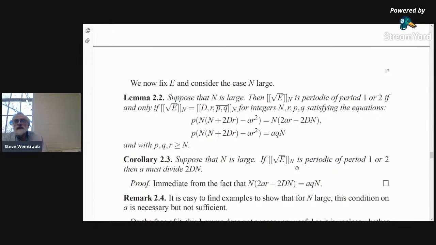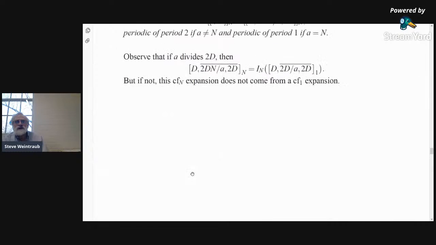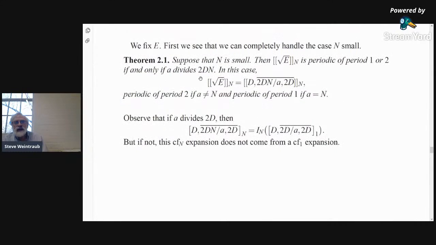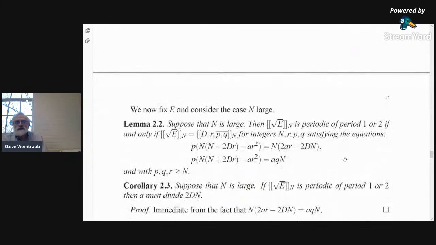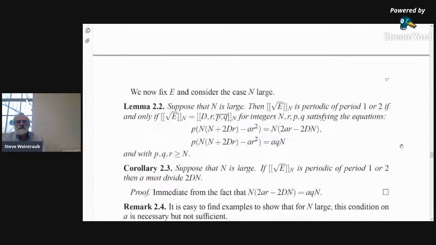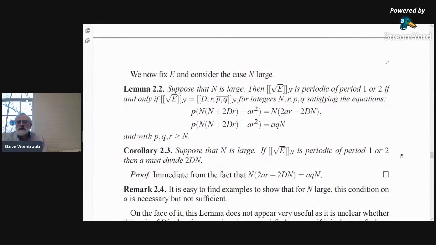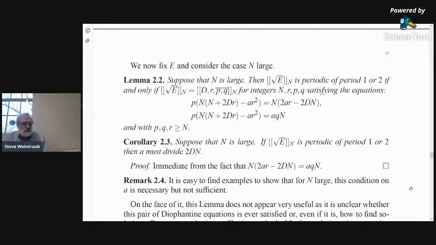So we get a necessary condition: if the best CFN expansion of the square root of E is periodic at period 1 or 2, and n is large, then A must divide 2dn. In the case of n small, that was necessary and sufficient, but in the case n is large, it's necessary but not sufficient. And there are lots of examples to show it's not sufficient.